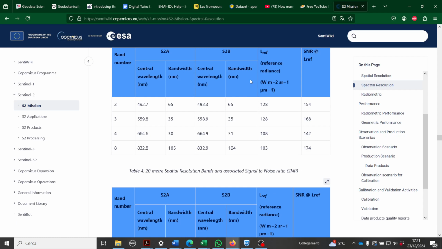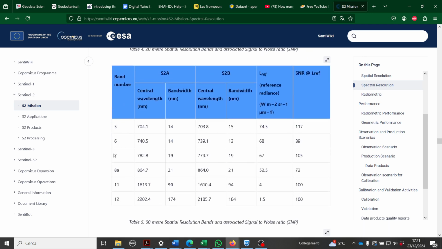The 4 bands in the visible, pay attention to the naming, or rather the numbering, of these bands. You see these 4 bands that are 10 meters, blue, green, red and infrared, are numbered 2, 3 and 4: 2 for blue, 3 for green and 4 for red, and the number 8 is the near infrared, 10 meters.